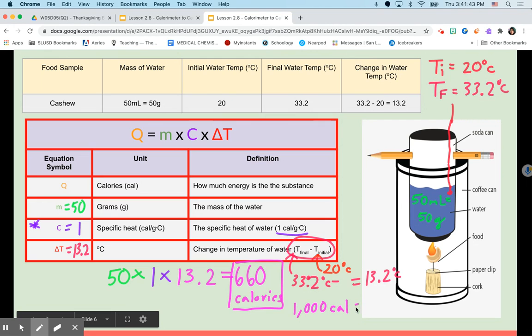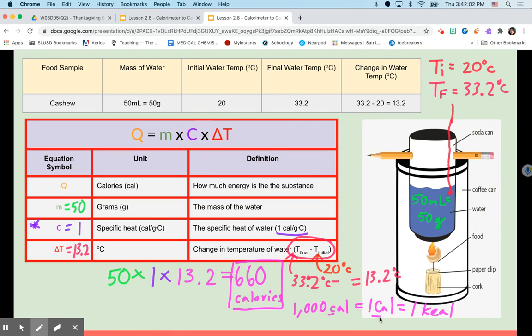So keep in mind that 1,000 lowercase c calories is 1 capital C calorie. And you might be wondering, wait, what does that even mean? Why is there a difference between lowercase c calories and capital C calories?